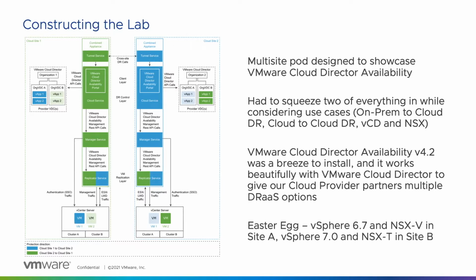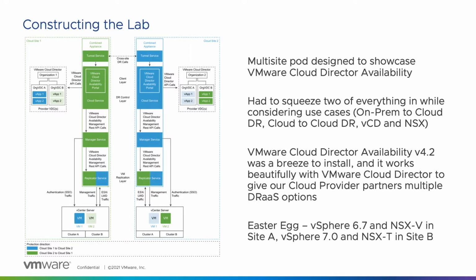in Site A, I did a little trickery in the lab, so we can show multiple use cases. We'll get into that, but just so you understand the basic concepts of what's going on. As far as building the environment out, as I mentioned, we're limited on space, but I had to try and squeeze two sites in there.